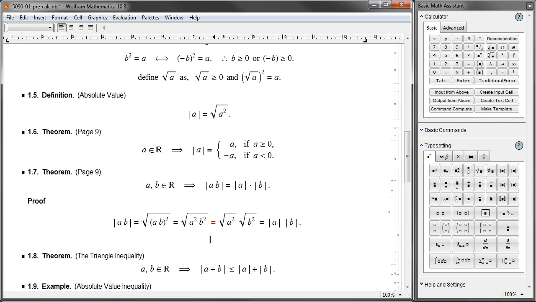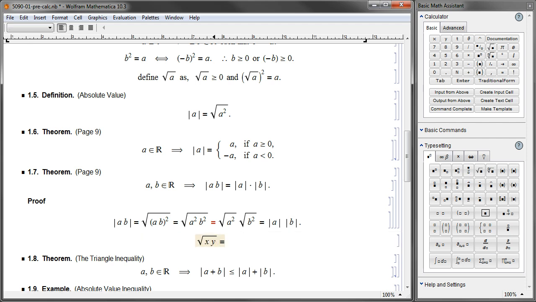In short, the square root of xy is equal to the square root of x times the square root of y if x and y are both non-negative. Well, that's a question, and the answer is of course true, yes, but you have to prove it. How are you going to prove it? Using the idea of square root, you can prove it by squaring both sides and then taking care of the sign.